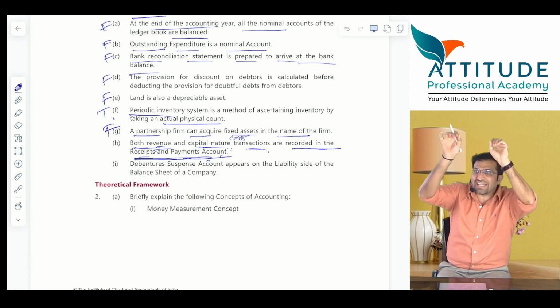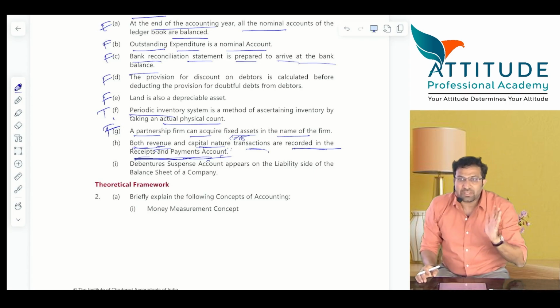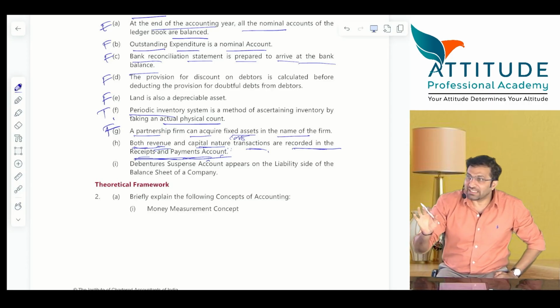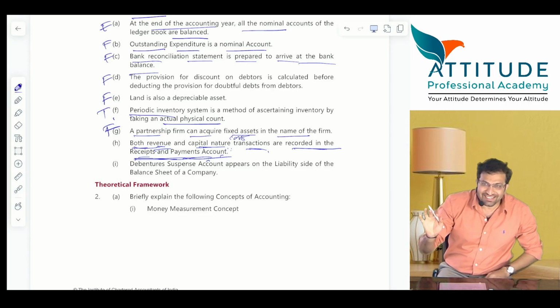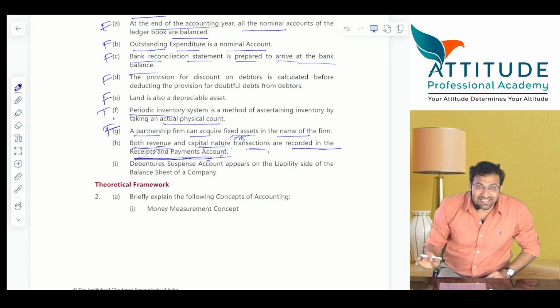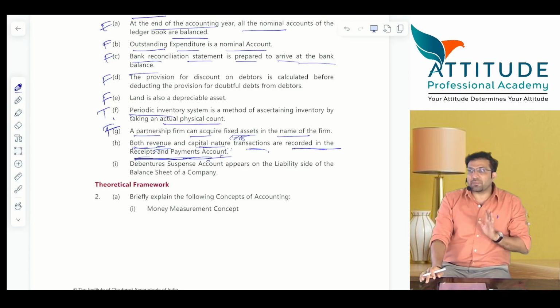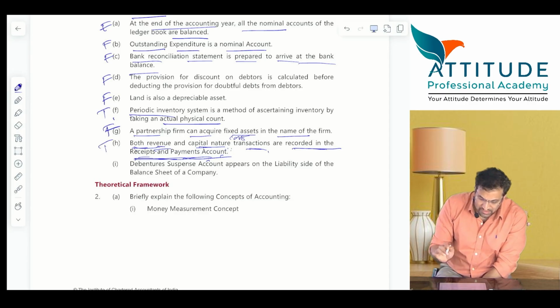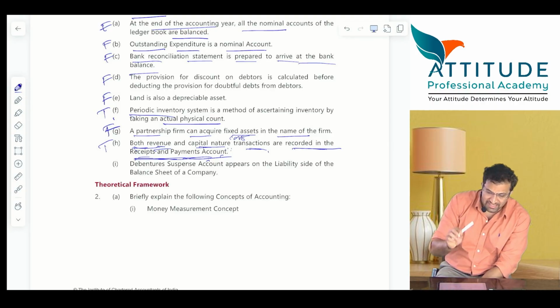Receipts and payments is your cash book. Cash book में depreciation नहीं आता. Is that clear? Outstanding salaries नहीं आता. Outstanding salaries paid आ सकता है, because it is paid. Payment आता है. But outstanding salaries will not come in cash book. Is that clear? So you can write there. True है. Both revenue and capital nature transactions are recorded in receipts and payments, which are in cash.